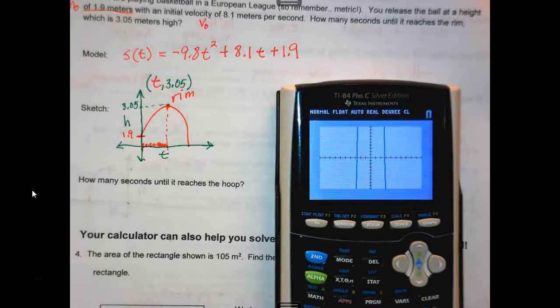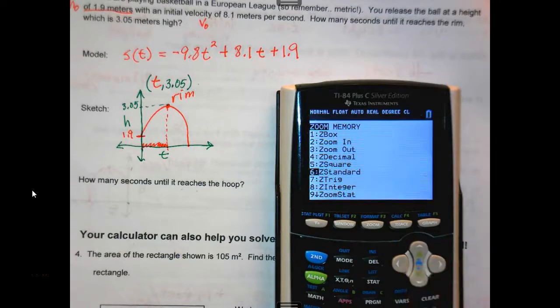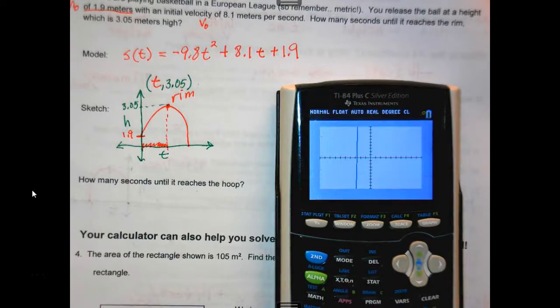So hit your zoom key, go to zoom standard, hit enter, and it defaults your graph back to your default graph settings.